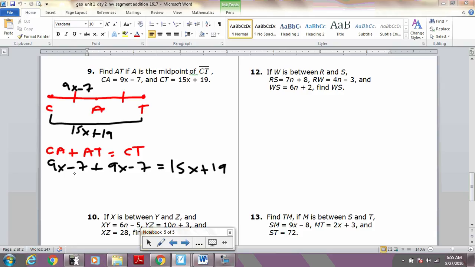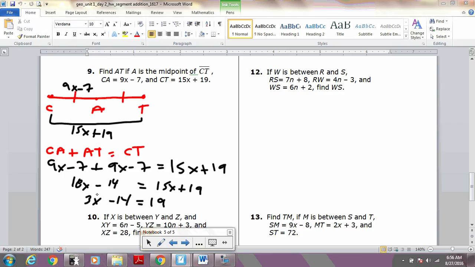9x and 9x are 18x. Minus 7 and minus 7 would give me a minus 14. Bring down my 15x plus 19. Then subtract 15x from both sides of the equation, which would give you 3x minus 14 equals 19.